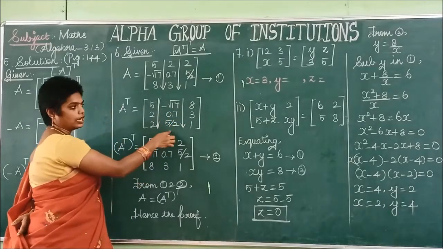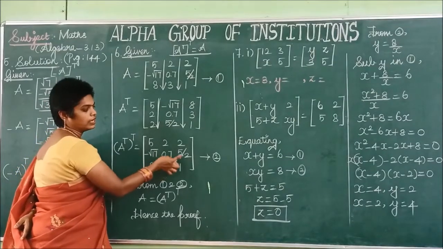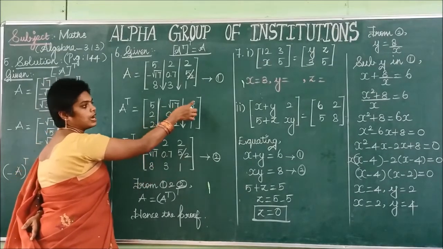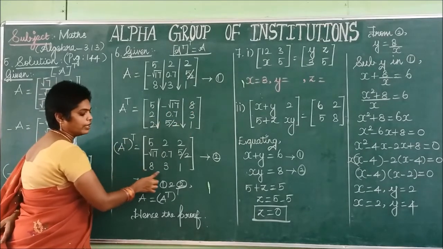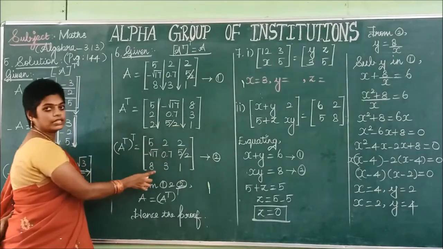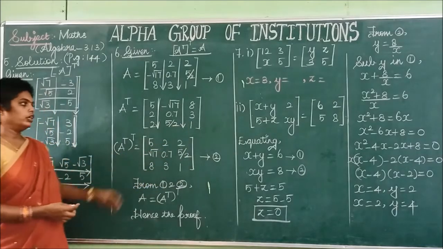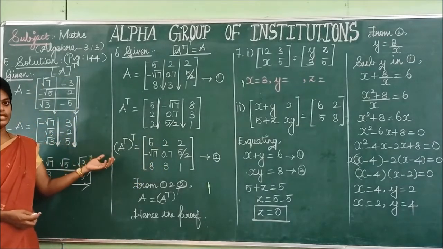The second column will be written as the second row. So next the last column 8, 3, 1 will be rewritten as the next row, 8, 3, 1. So interchanging of rows and columns is nothing but the transpose.